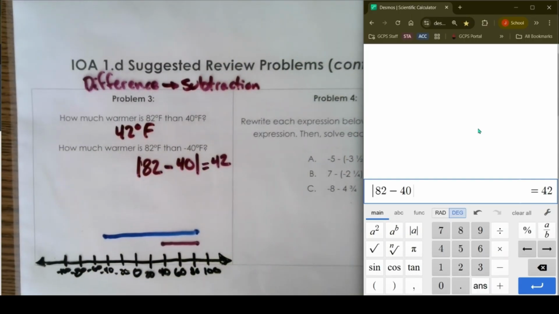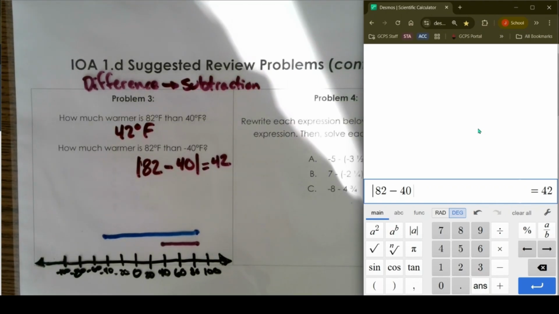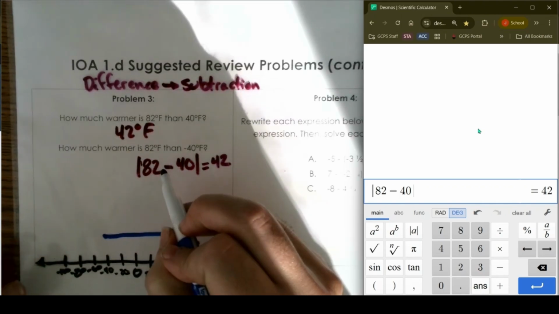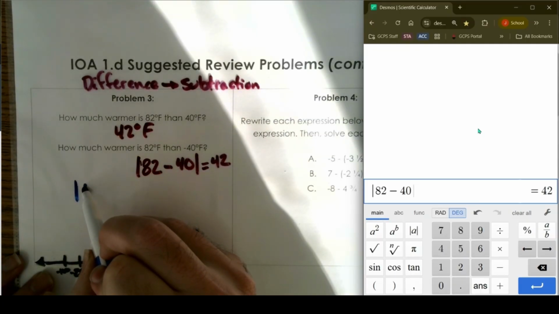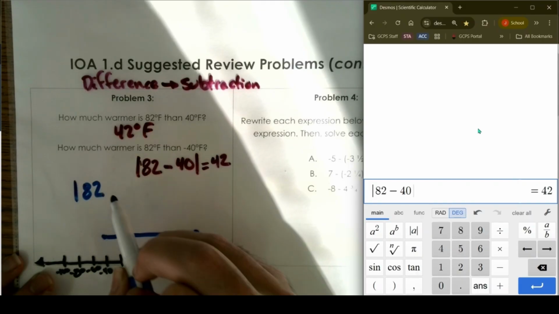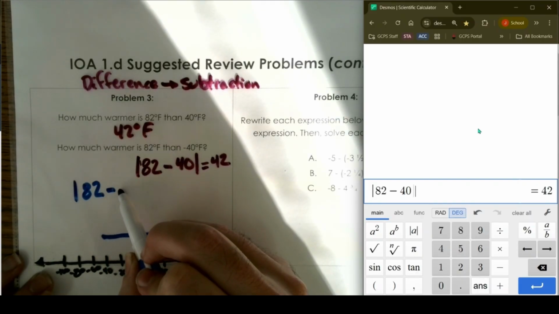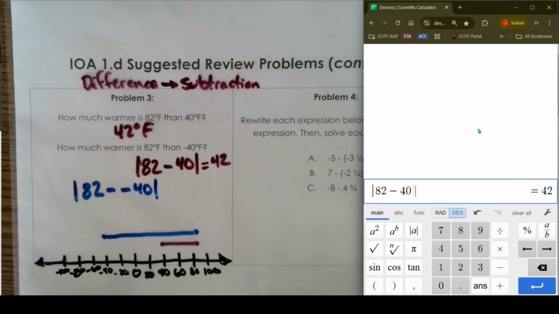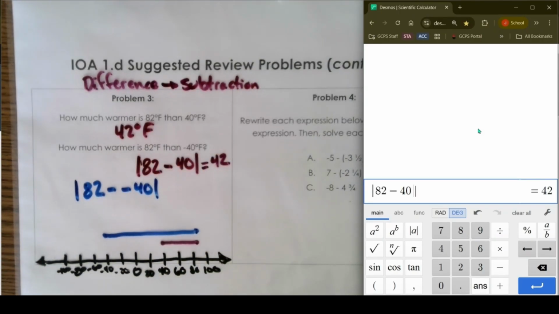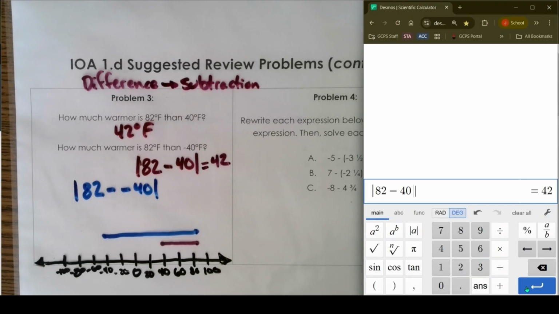So now I'm going to calculate the absolute value of the difference between those two, just like we did before, except be careful to indicate that it's negative 40. So we have absolute value of 82 minus negative 40, like that. All right, let's put that in the calculator.